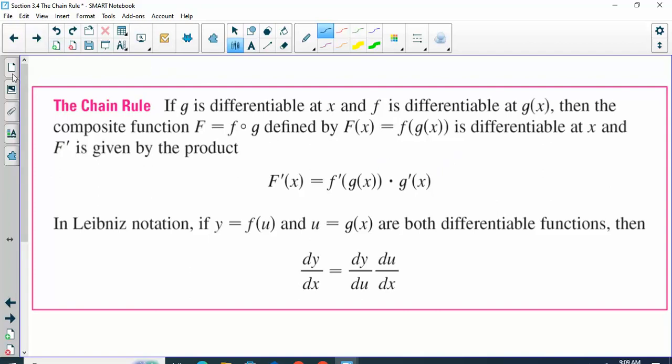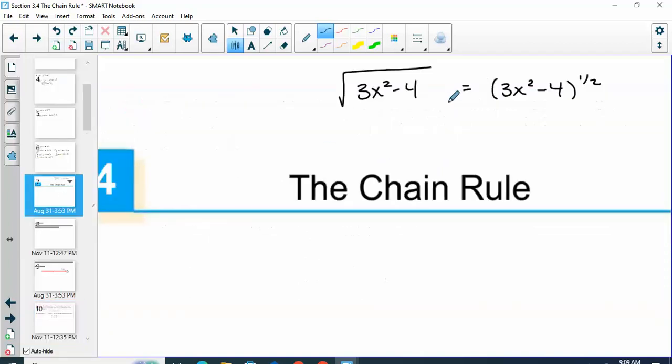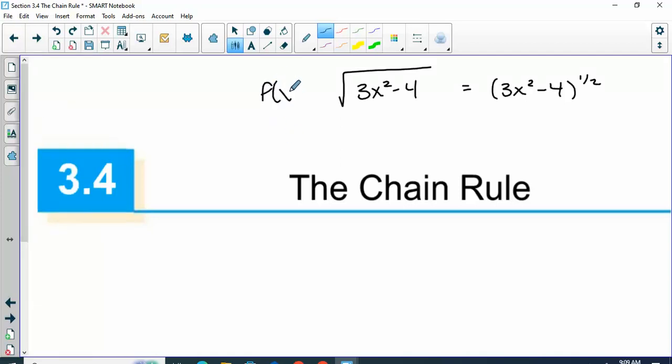So the example that I was talking about here, that we couldn't do the derivative. If we tried it, the derivative of the outside, so that's the 1/2 power. So we know the exponent comes down, the inside is staying the same right now. Subtract 1 from the power, so 1/2 minus 1. And then you multiply by the derivative of the inside.